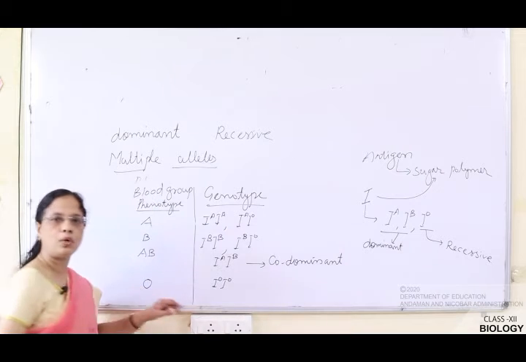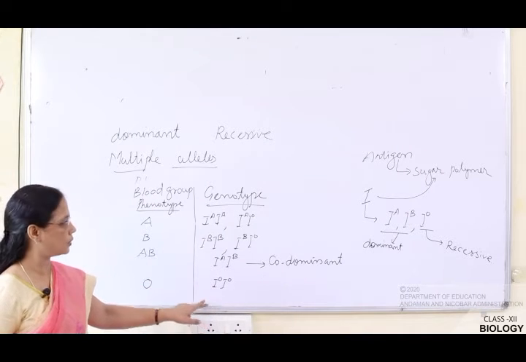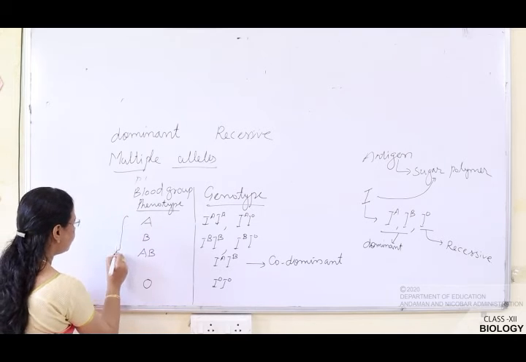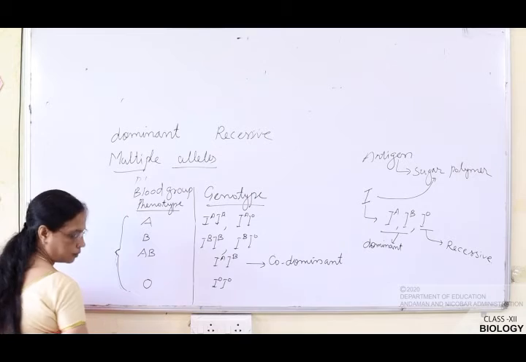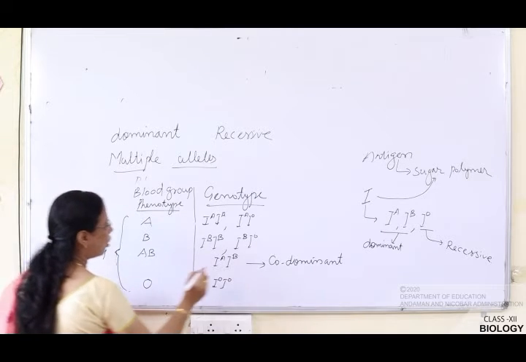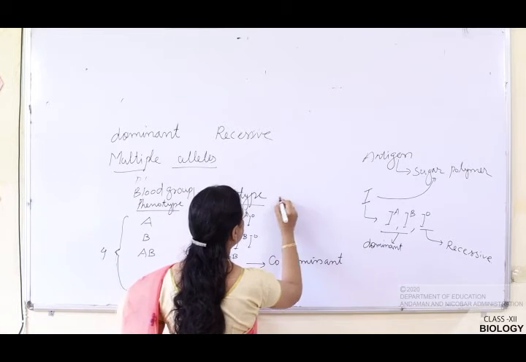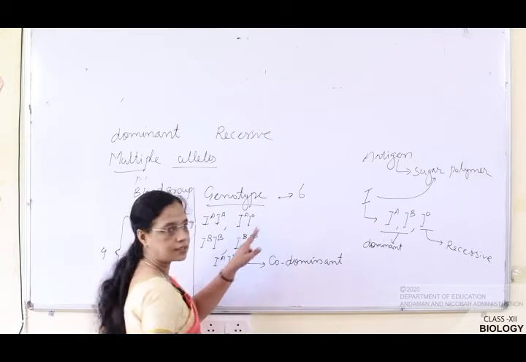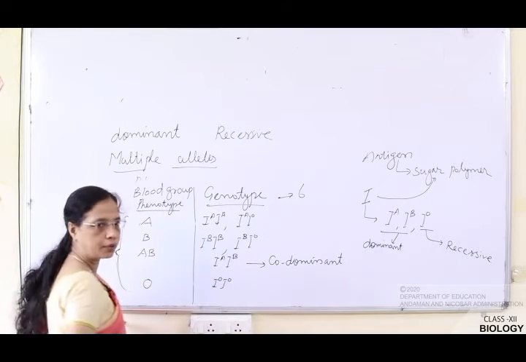It can express only in the homozygous condition. So what we have seen, how many phenotypes are there? There are 4 phenotypes, and how many genotypes are there? There are 6 genotypes. 1, 2, 3, 4, 5, 6. 6 genotypes and 4 phenotypes are there.